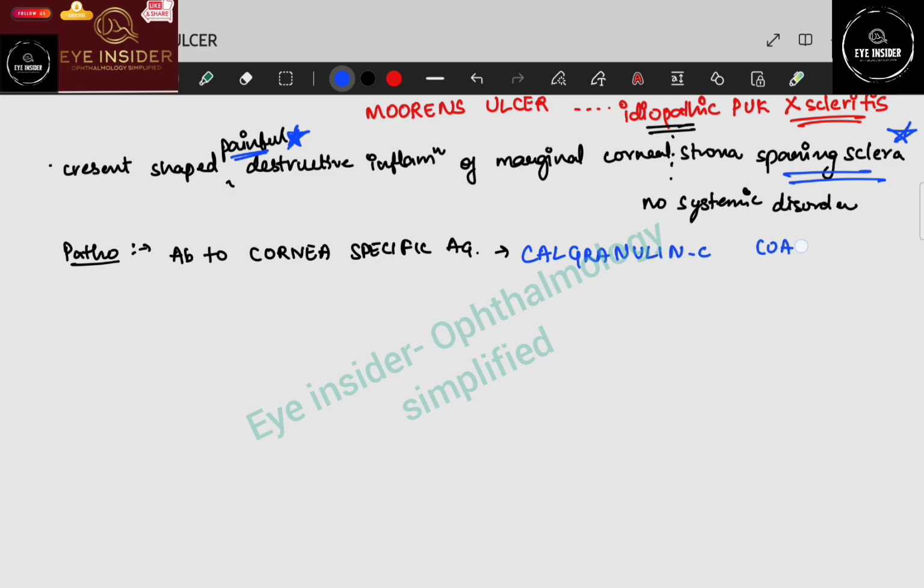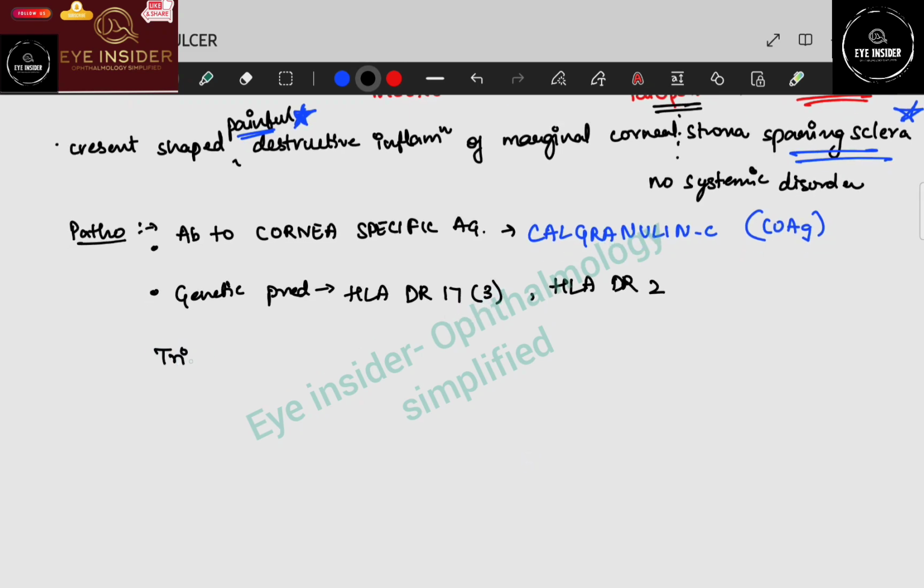And in cases with genetic predisposition, HLA-DR17-3 and HLA-DR2 have been identified. The triggering factors for this include trauma, prior surgery like cataract surgery, prior infections like with helminth or hepatitis C infection.